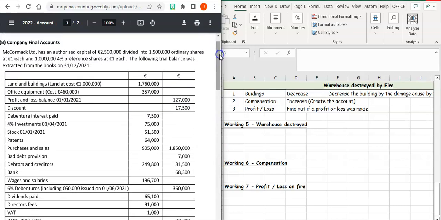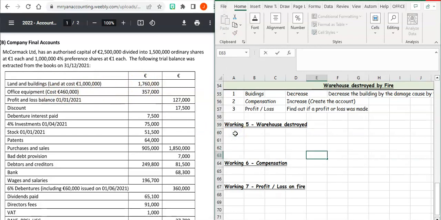So the warehouse, then we're going to go back to our buildings. So our land and buildings at cost is 1,760,000.